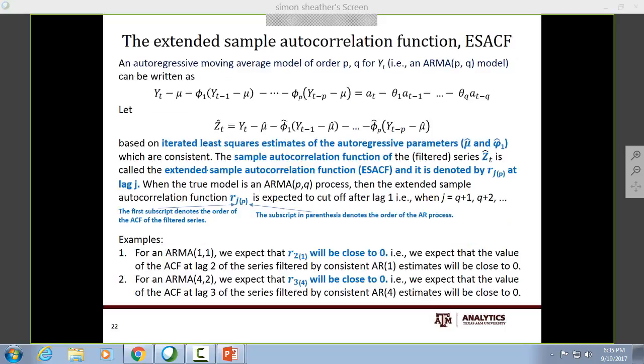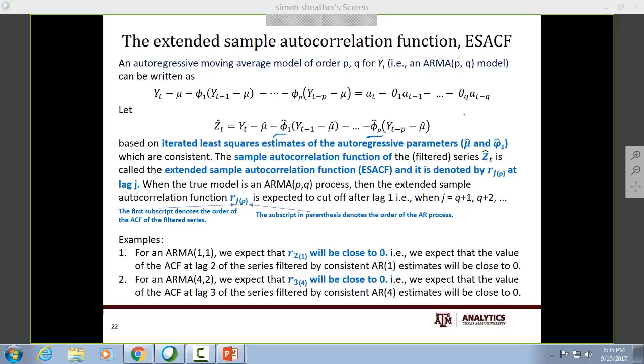Now, if you're doing this not 1-1 but p, q, you have to be able to estimate phi hat 1, phi hat 2 up to phi hat p. It just becomes more complicated. Imagine, Diego, what we would do is we would say, let's suppose it's AR1, we adjust as if it's AR1, let's assume it's AR2, let's adjust everything assuming it's AR2 and look at the MA piece, and we go up to p.